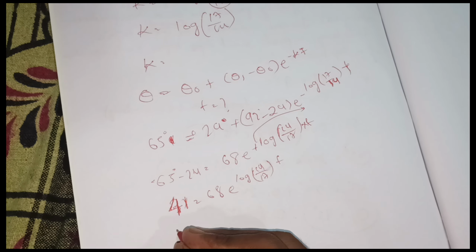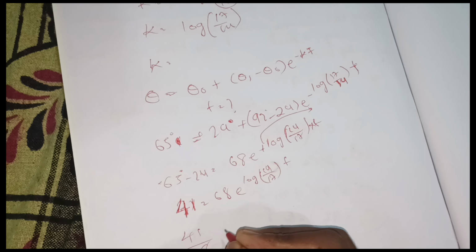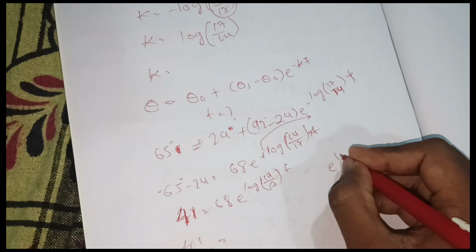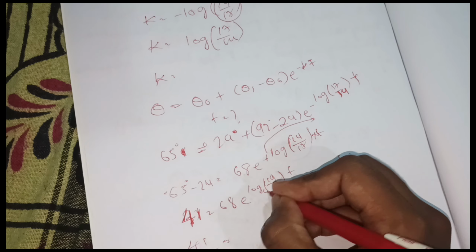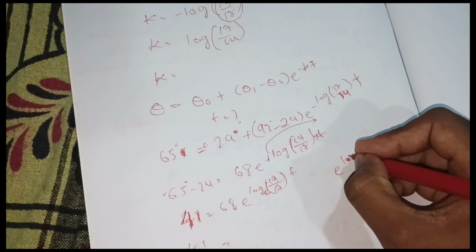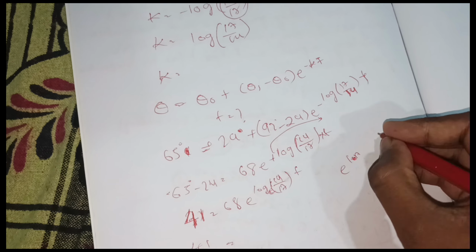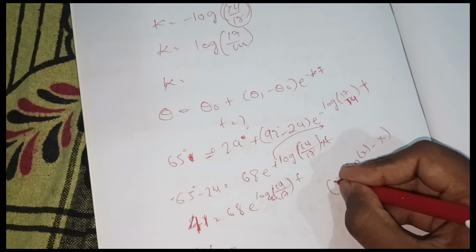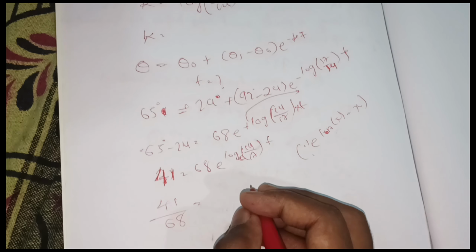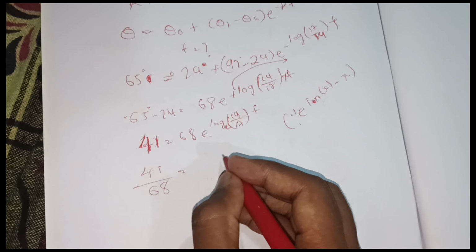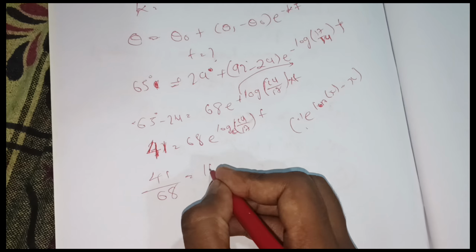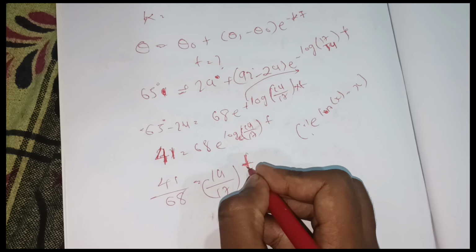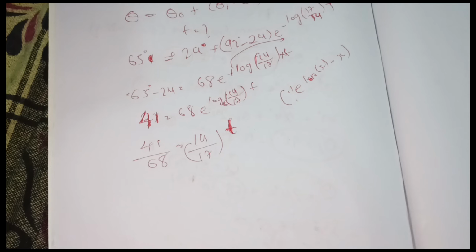So here it will be 41 by 68 equals e power ln, where log to the base e is taken as ln. So ln x equals x. By using this logarithmic formula, I am writing it as 14 by 17 to the power t.